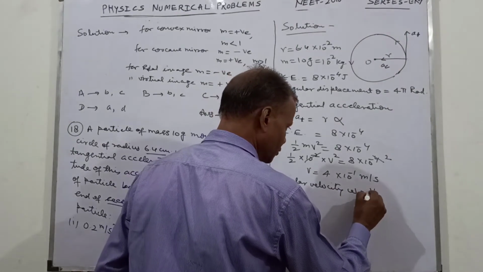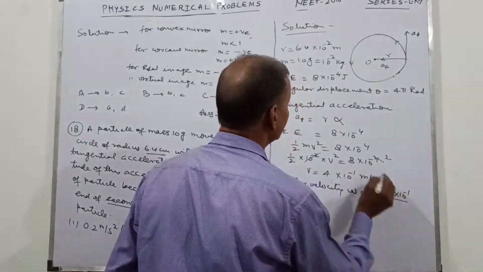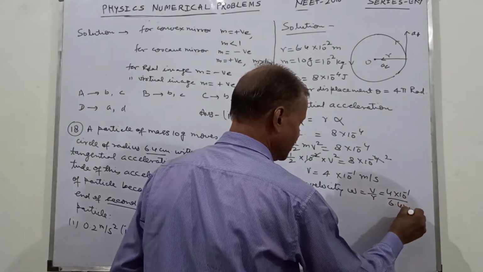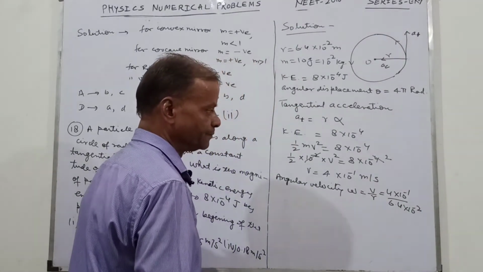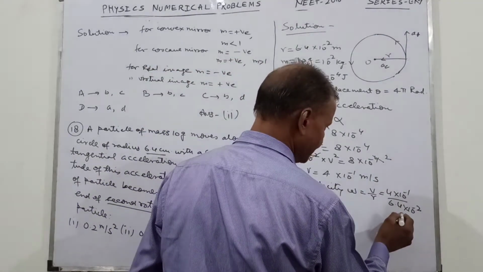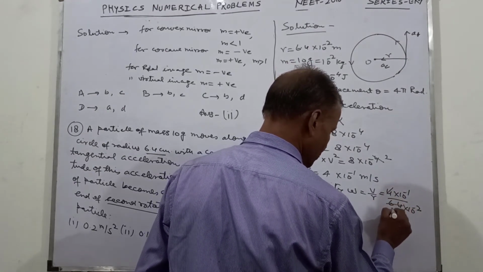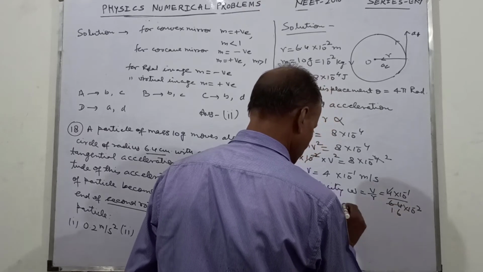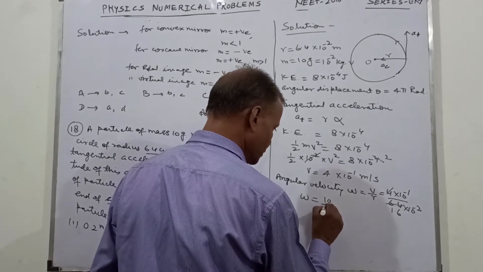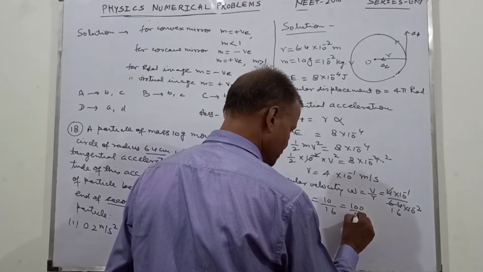Omega equal to V upon R. This is now 4 into 10 raised to the power minus 1, and R is given as 6.4 into 10 raised to the power minus 2. So this is 4 upon 1.6, so omega equal to 10 upon 1.6, so this is 100 upon 16.